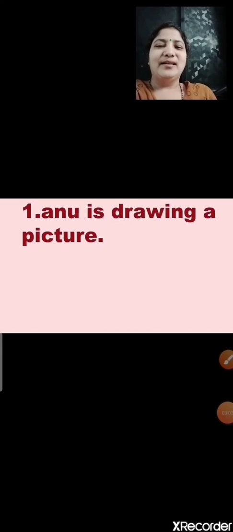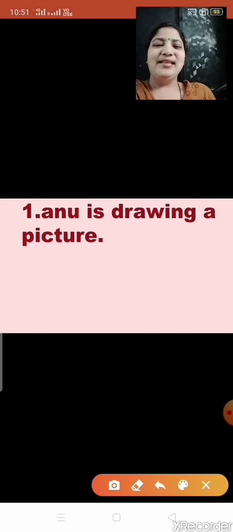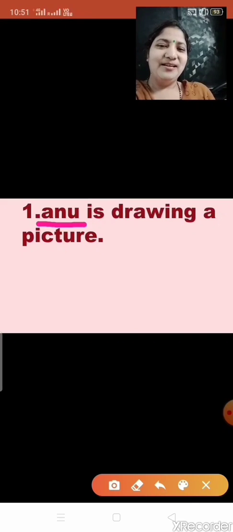Number 1. Anu is drawing a picture. So, children, what are you supposed to do here? Yes, see here. Anu is the name of a girl and Anu is a special name. So, what are we supposed to do here? We have to write Anu with a capital.